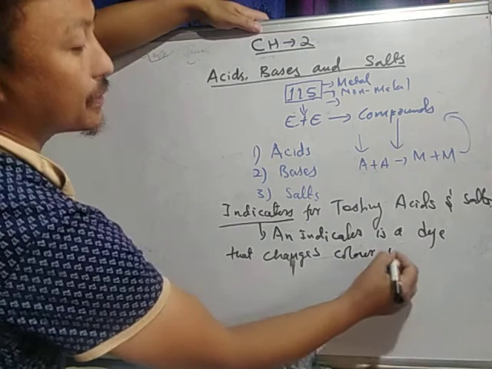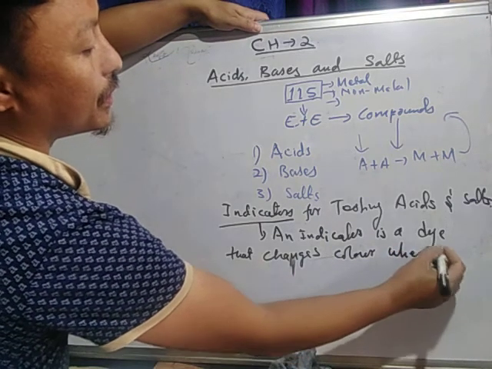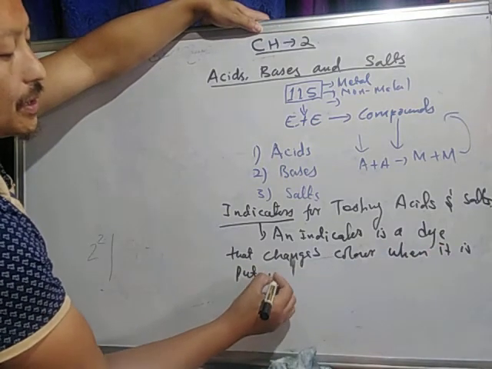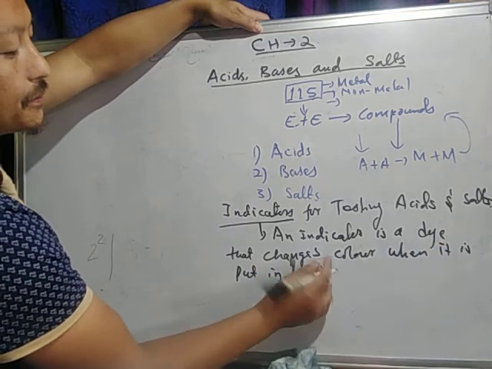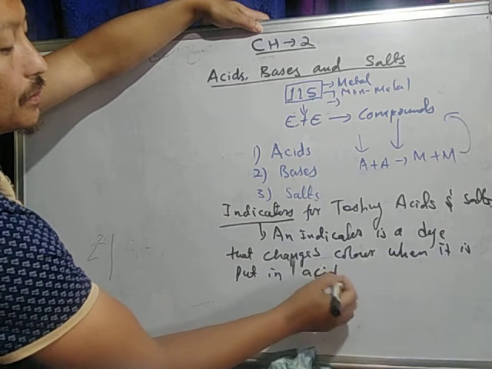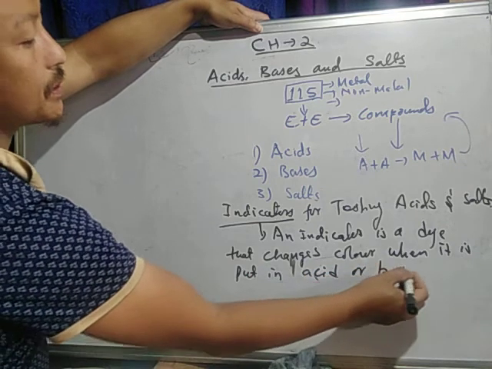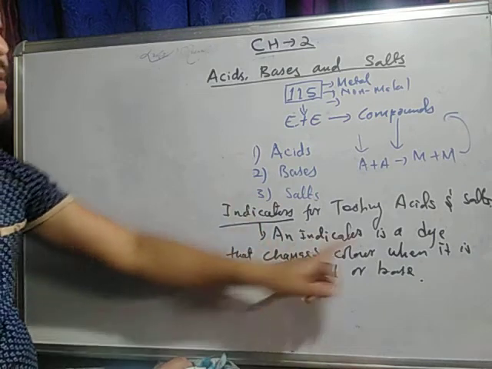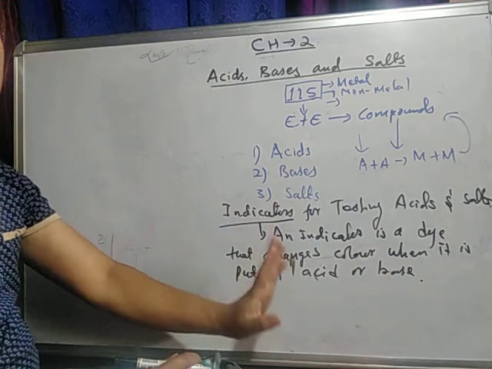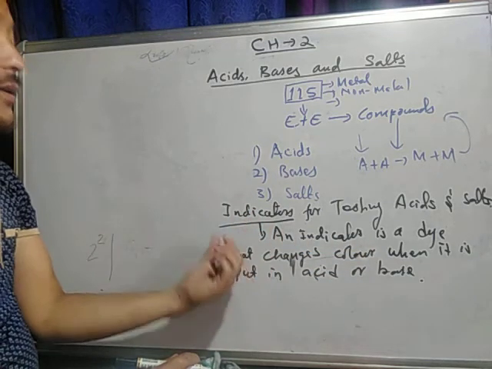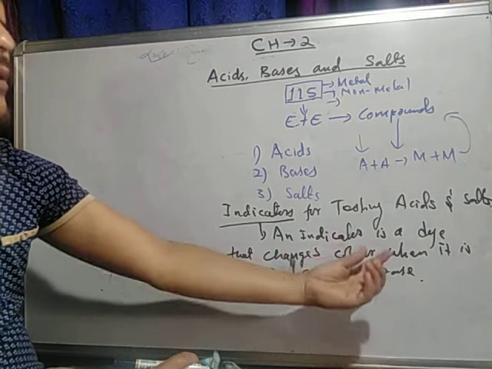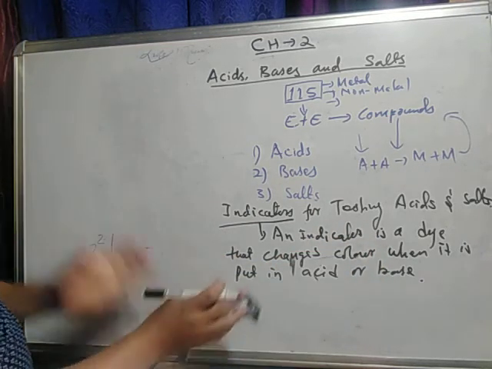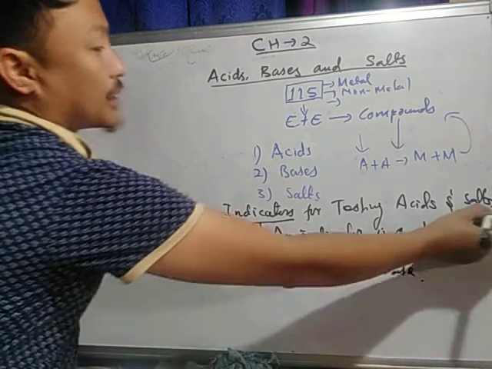An indicator is a dye, a color that changes its color when it is put in acid or base. Clear? So many types of indicators are there.